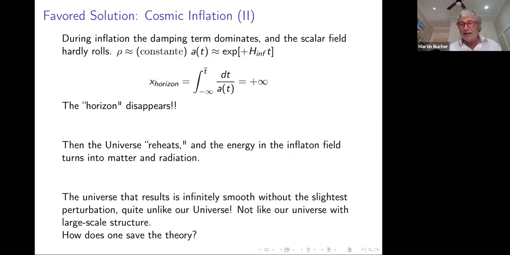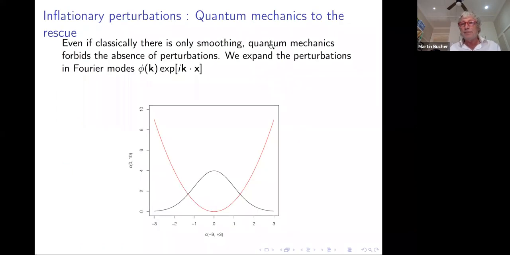So quantum mechanics saves the theory. So here in red, you have a potential, and then this black curve is supposed to represent the ground state wave function.